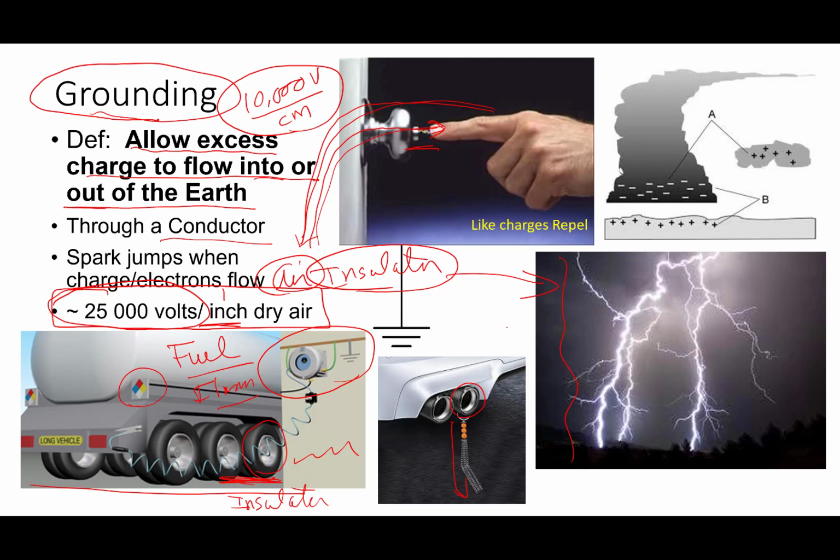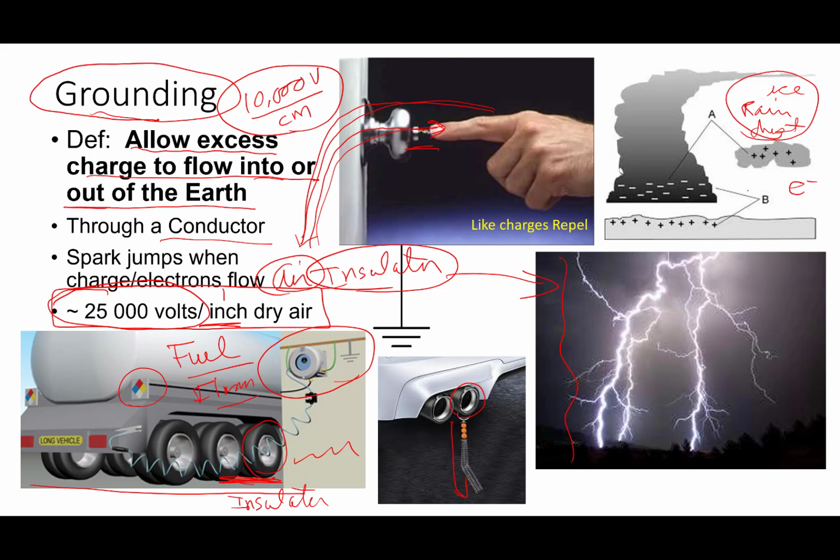In lightning, there are different schools of thought. If it is the raindrops rubbing against the dust particles in the air, I've heard some people say it's the raindrops rubbing against the ice particles in the air, but there are a lot of non-conductive objects rubbing against each other, and this is causing a release of electrons and charged particles.